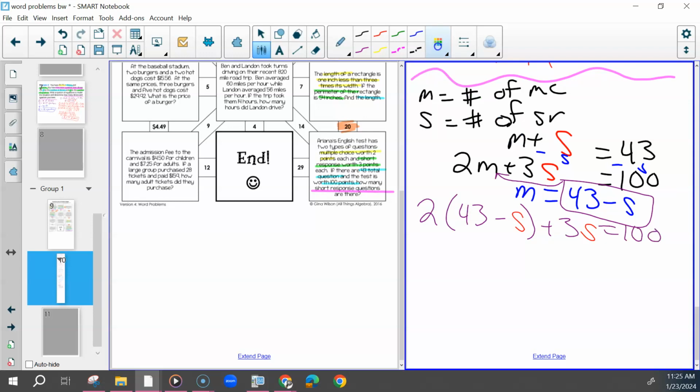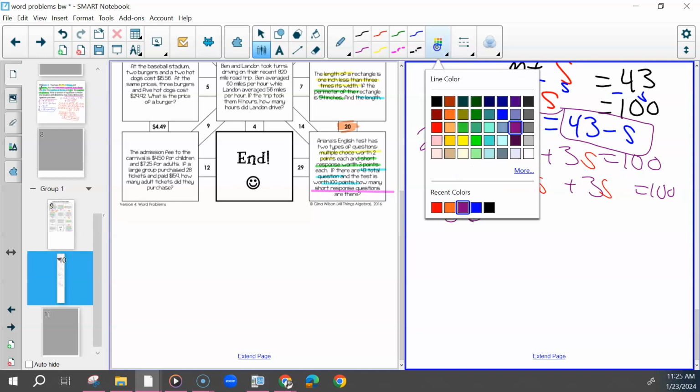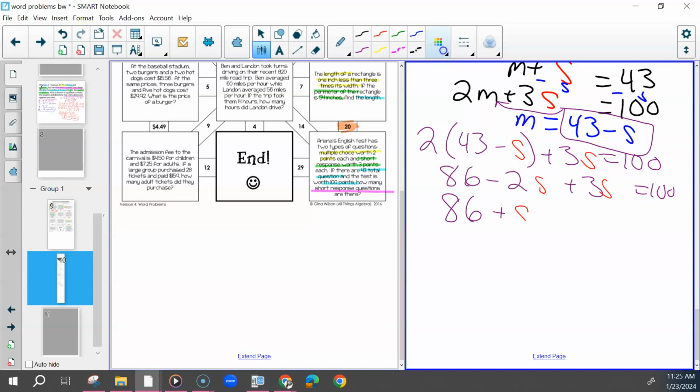And distribute and combine like terms, solve for S. S is, and this would be questions.